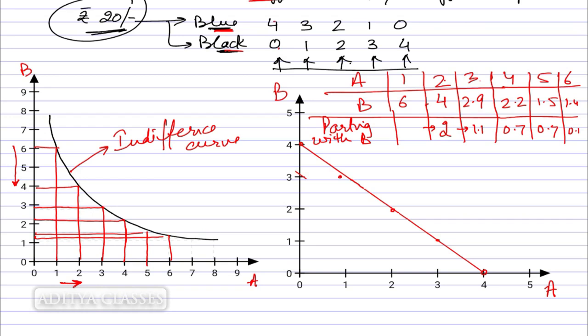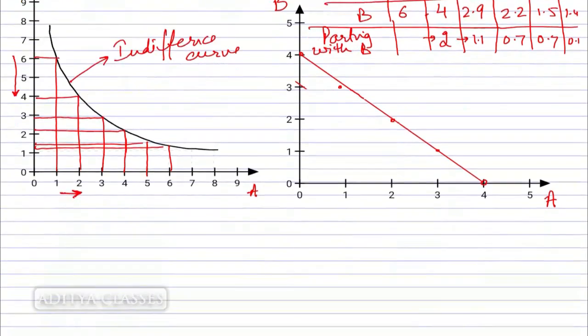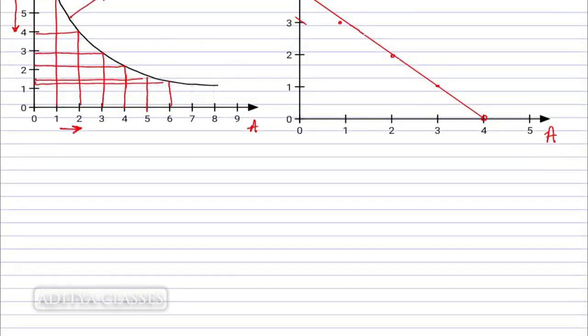All these I'm ready to buy. 1 6, then it is a 2 4, then it is a 3 3, then it is a 4 2, then it is a 5 1.5. These are the combinations of A and B that I'm ready to buy. But if my income increases, I'll draw this indifference curve once again, and then we'll start from there.